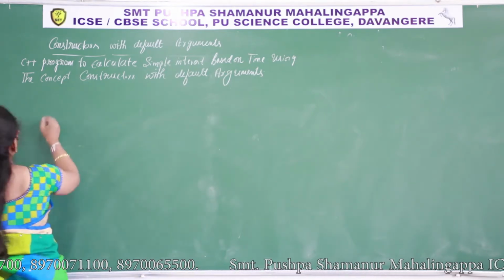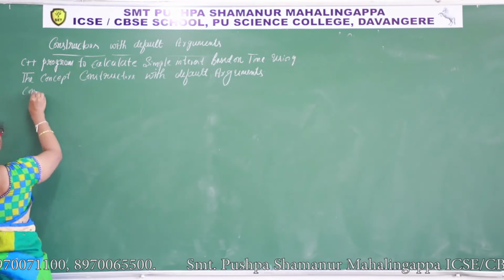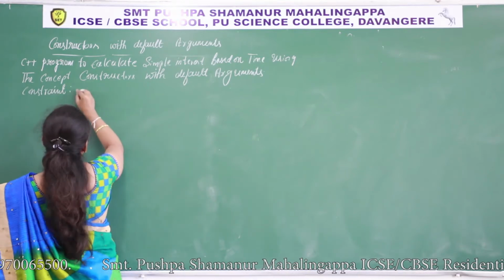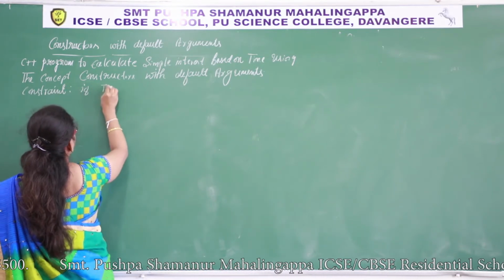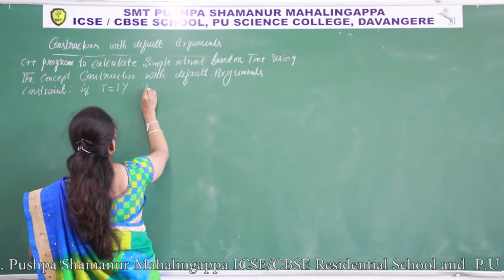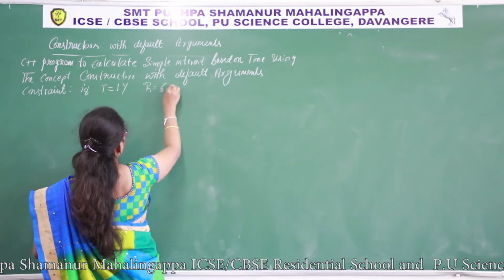I'll write the constraint here. Constraint: if time is equal to 1, meaning 1 year, then the rate of interest is 6.7.